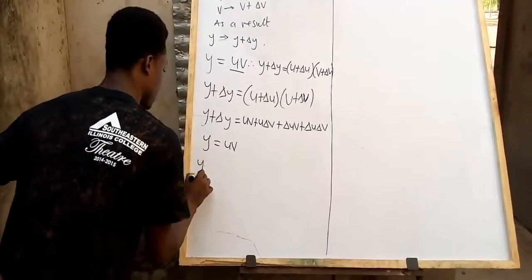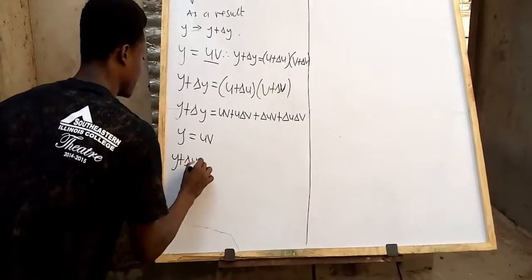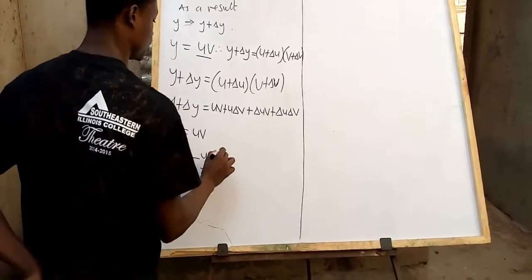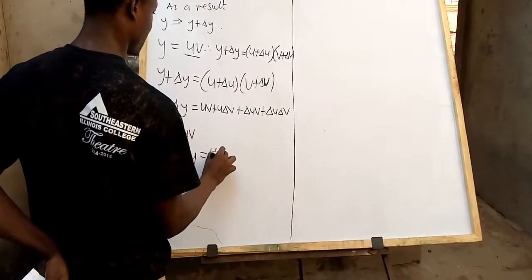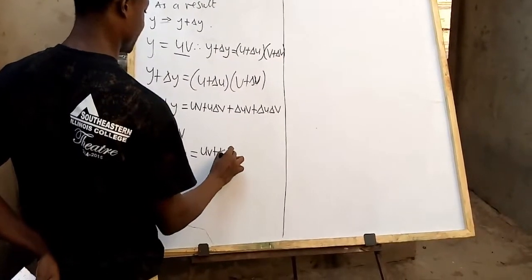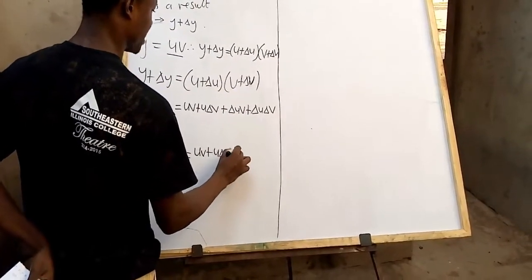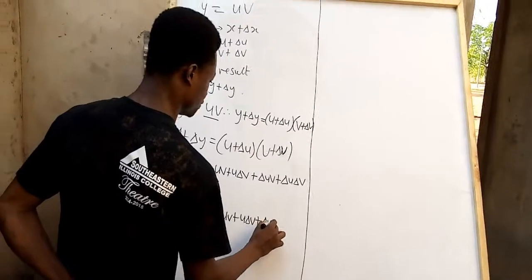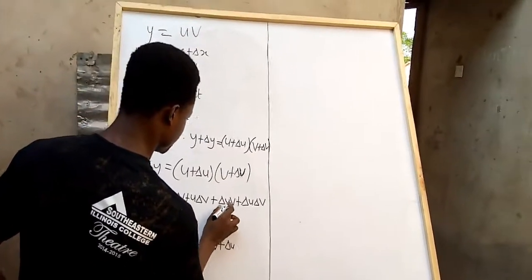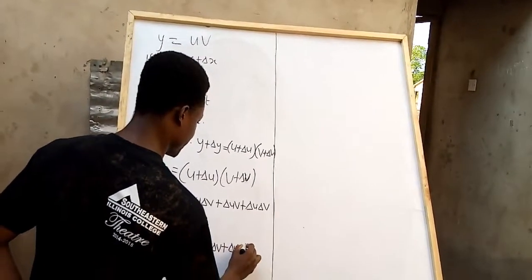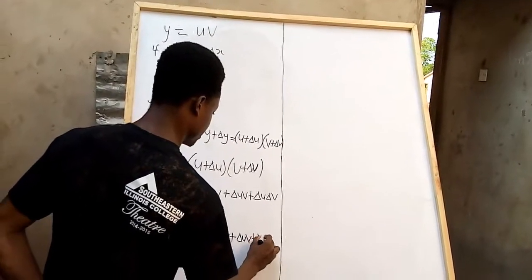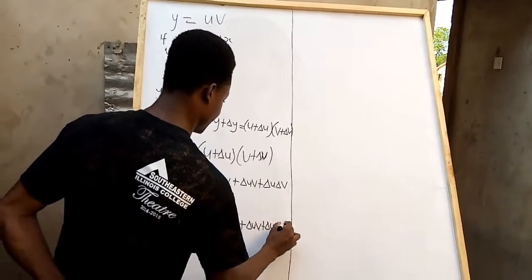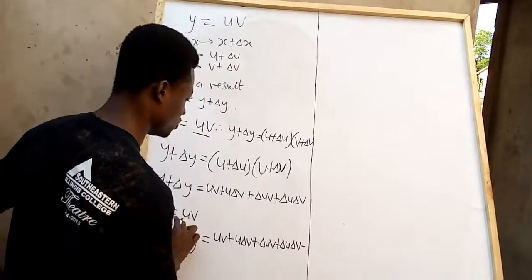So if you subtract y from y plus change in y, we get y plus change in y minus y is equal to uv plus u change in v plus change in u multiplied by v plus change in u and then change in v, minus uv.